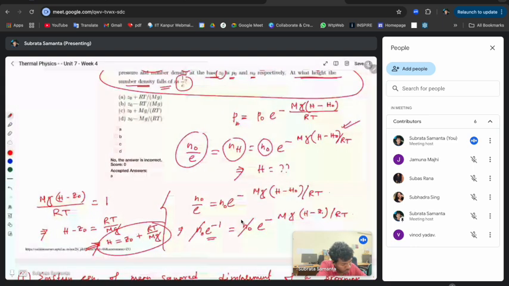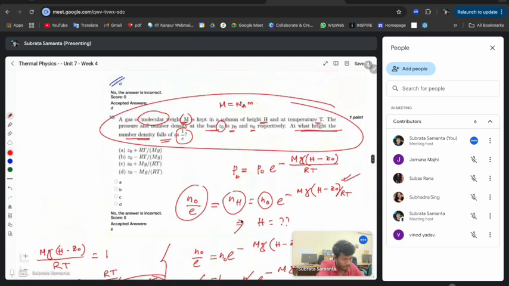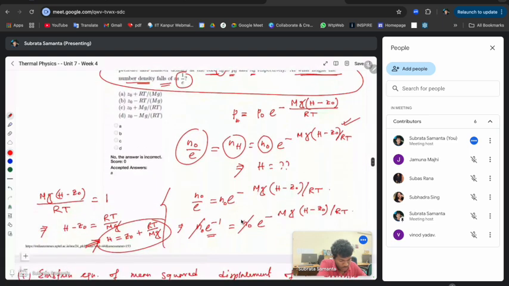So the answer is z naught plus RT over mg. So option A, z naught plus RT over mg.